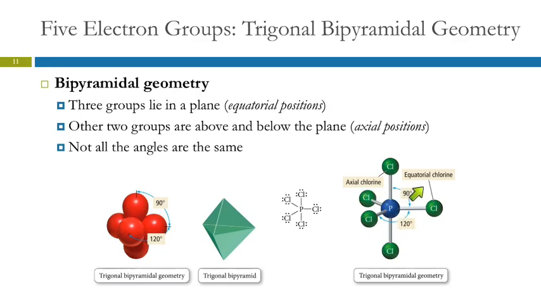But the angle between those 3 balloons that are making up the tutu, those are arranged in a plane, 3 objects in a plane, those are 120 degrees. So we have 2 different angles. And this structure is called a trigonal bipyramid. It's a triangular pyramid, but it's 2 of them.